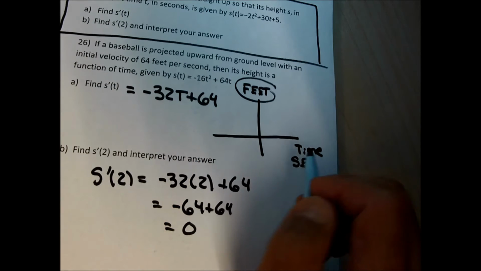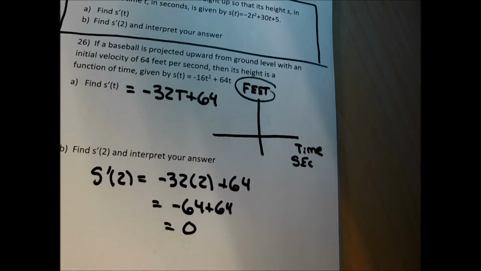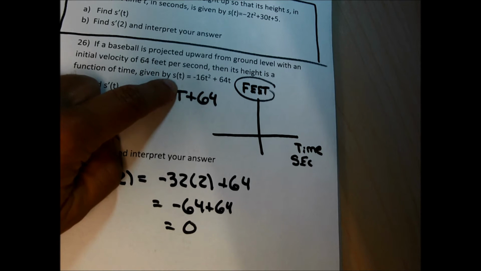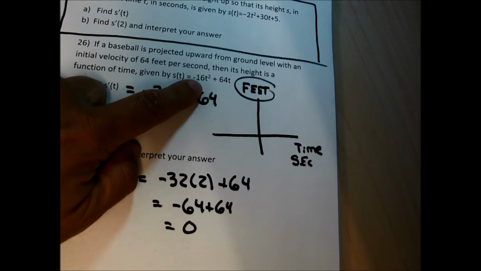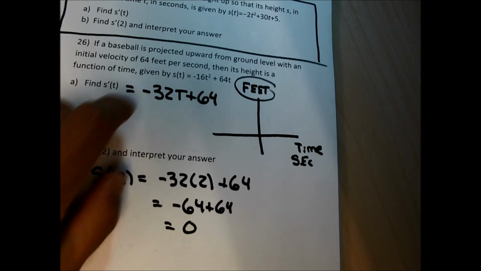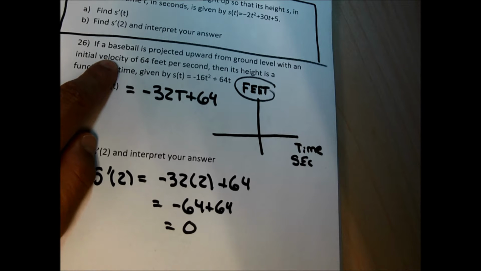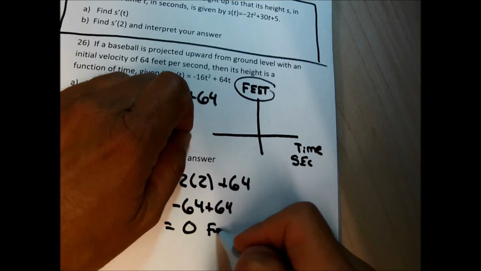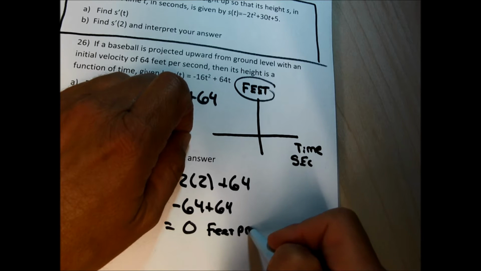This is called a position function. When the x's represent time and the y's represent a height or a position, the derivative gives you the instantaneous velocity; the instantaneous rate of change is its velocity in feet per second.